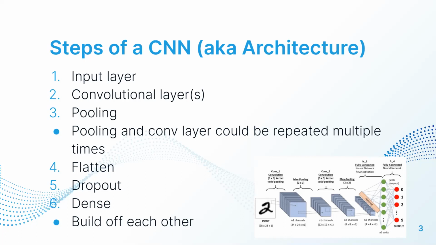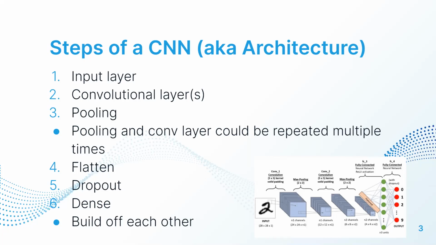It takes all of the data that comes out of the final pooling layer and flattens it into one array, one vector, so it doesn't have multiple dimensions to deal with when it's trying to predict.